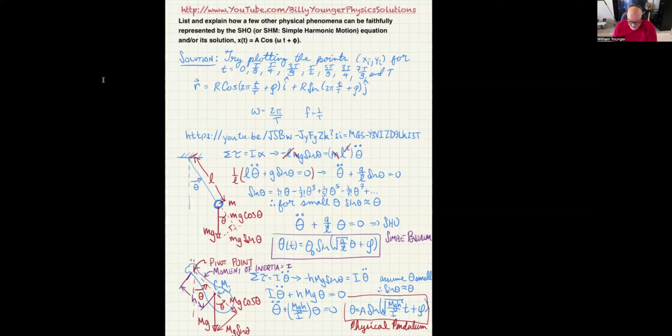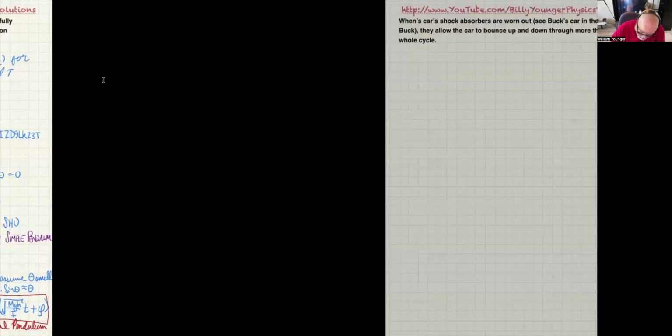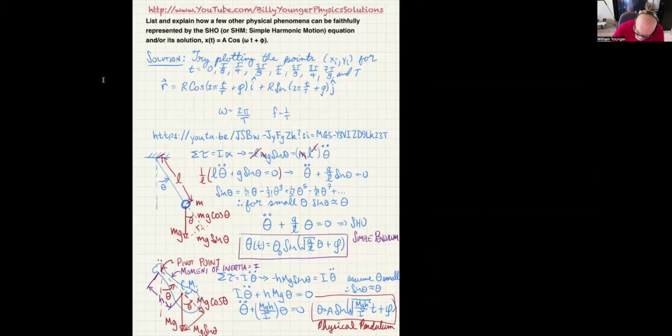So we've got that. And I have one more specific example I'd like to expose you to, and that is called the torsion pendulum. Hold on a second.